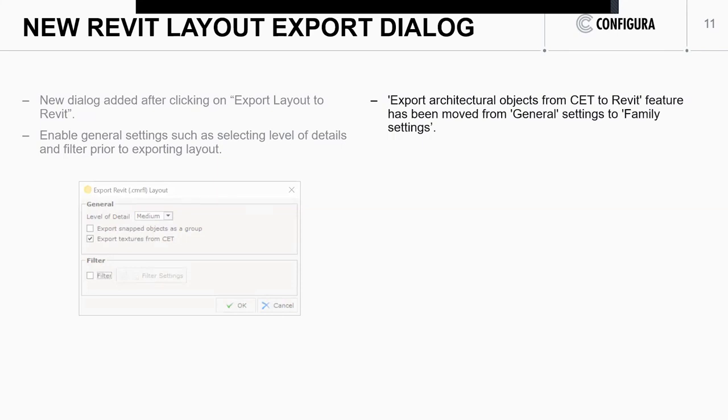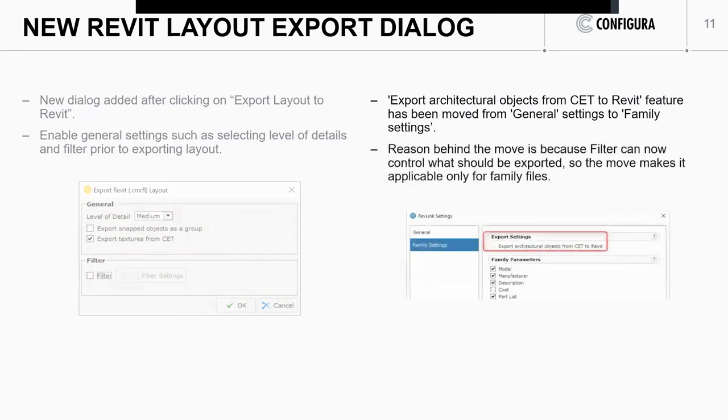And also the export architectural objects from CET to Revit feature has been moved from the general settings to family settings. Since Revit layout export can now filter walls and architectural objects via filter settings, previously this export setting, which is under the general settings, used to apply to both family files and layout export.